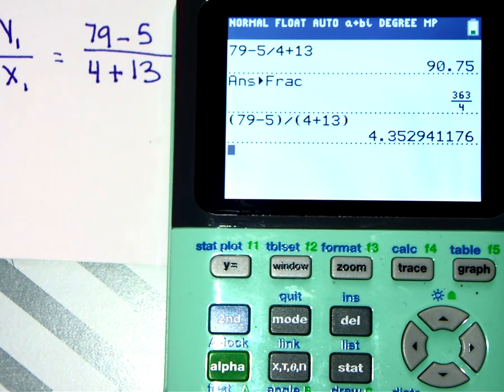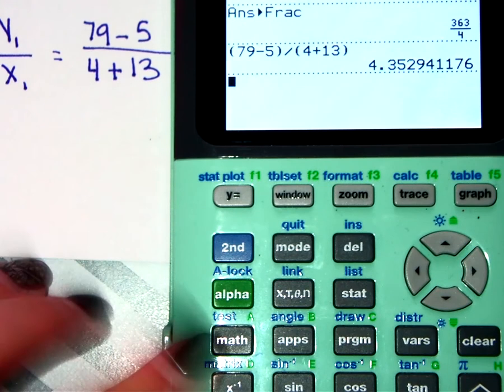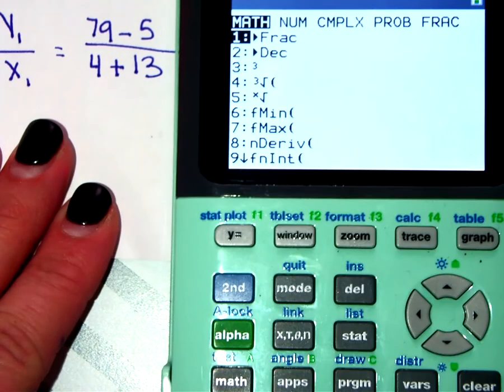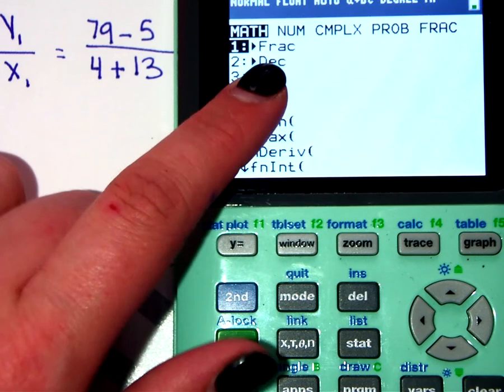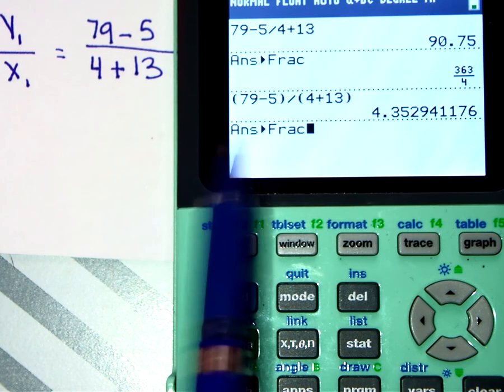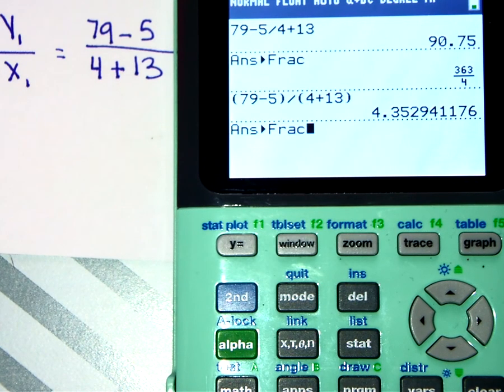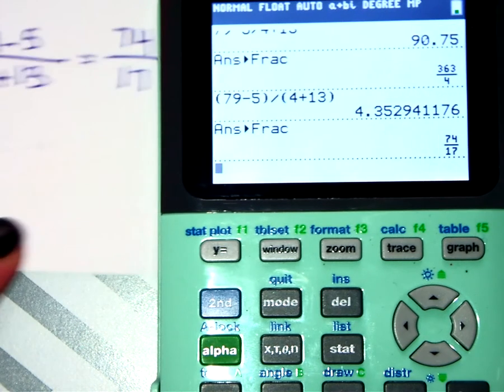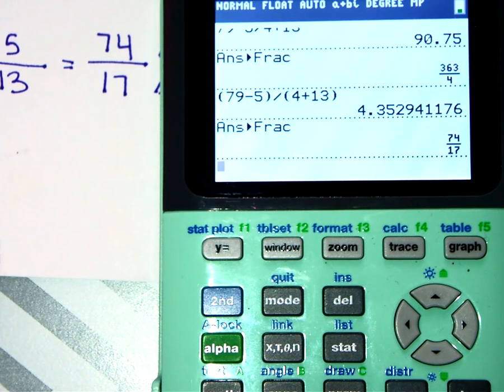Again, we get a decimal, but pressing the math button, remember math is located right after the alpha. I'm going to press math. Frac stands for fraction. Take my previous answer, make it a fraction. 74 over 17, which is exactly what we got when we did it by hand.